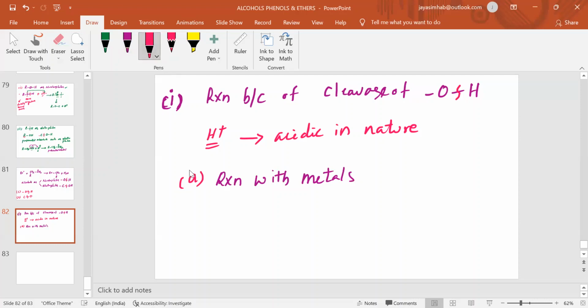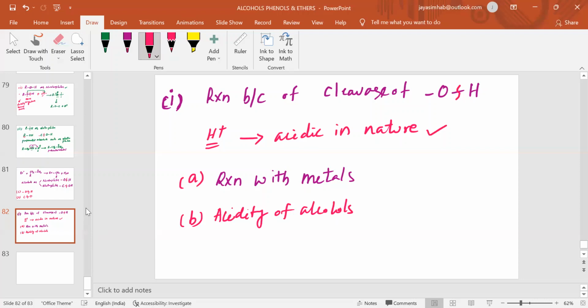The second one is release of H plus ion, right? So how fast they release the H plus ion into the medium indicates the acidic nature of alcohol. So the second one is acidity of alcohols. These are the two important things through which they prove that, because of cleavage of the OH bond, they are acidic in nature.